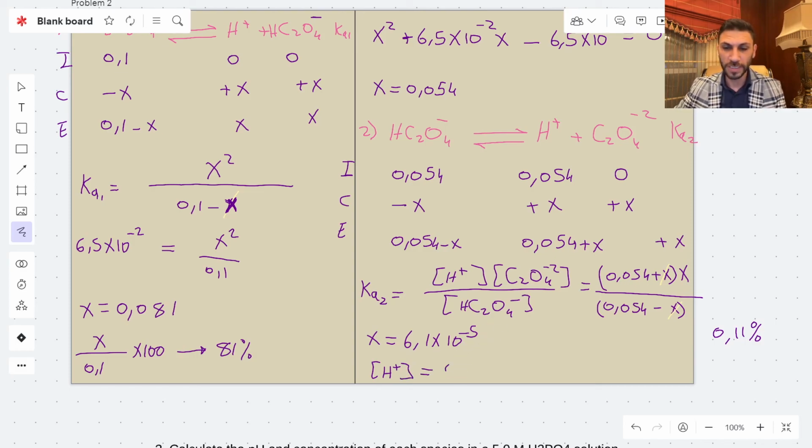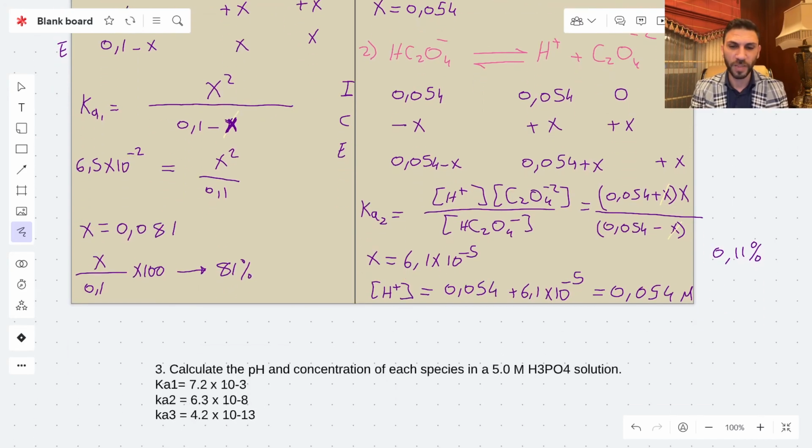It equals 0.054 plus 6.1 times 10 to the power of negative 5, which equals 0.054. See, it's a very small amount, but we have to calculate it. So it's going to be equal to 0.054 molar.